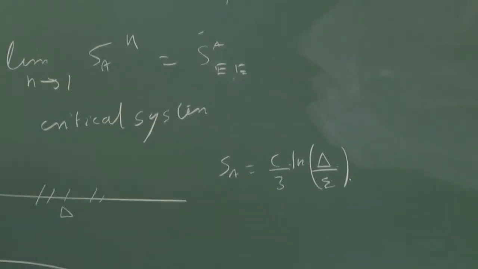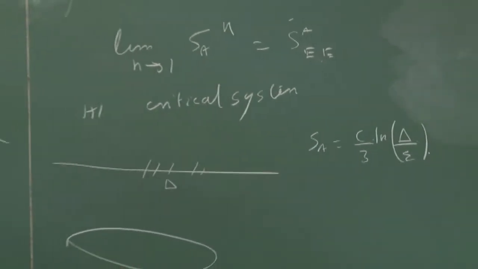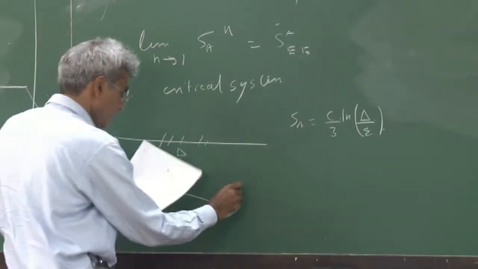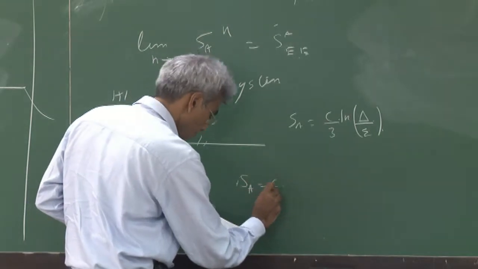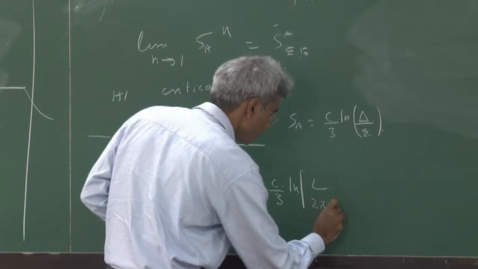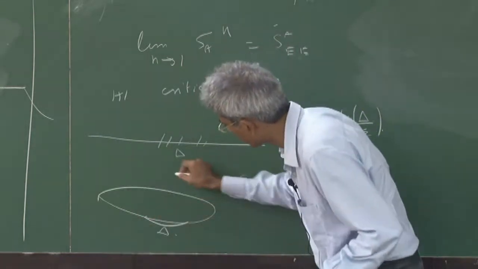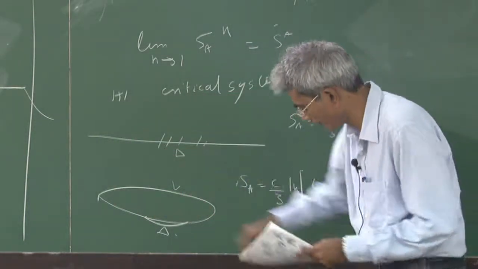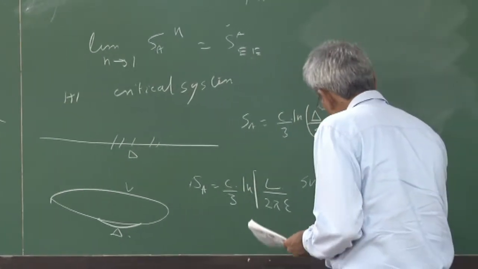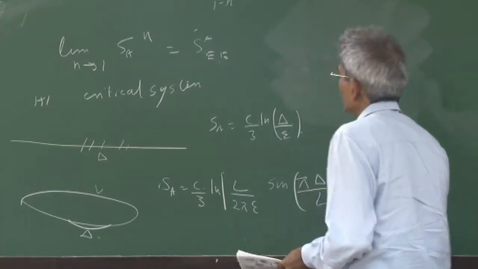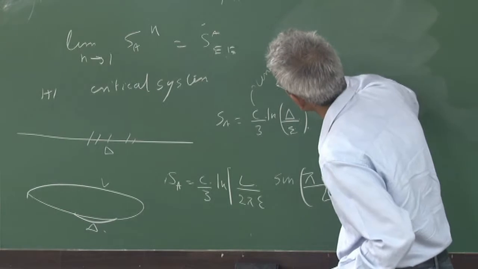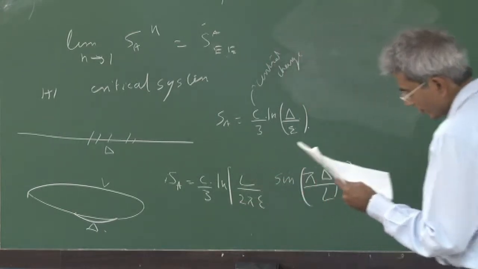If the spatial circle has circumference L, and the interval has size delta, then S_A is c/3 log (L/(pi epsilon)) sine (pi delta/L), so the periodicity comes about. c is the central charge. We are talking about a single interval.